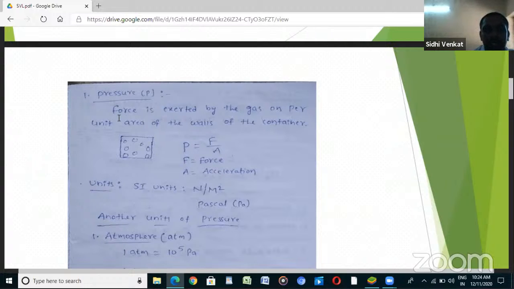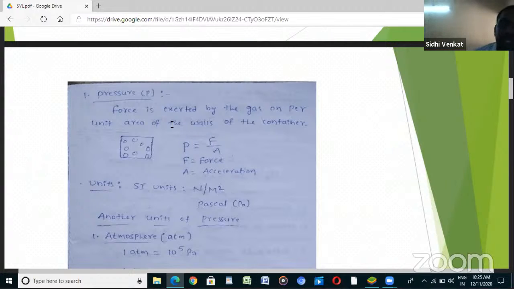Pressure is denoted by P. The formula is pressure P equals F by A, where F is the force and A is the area.